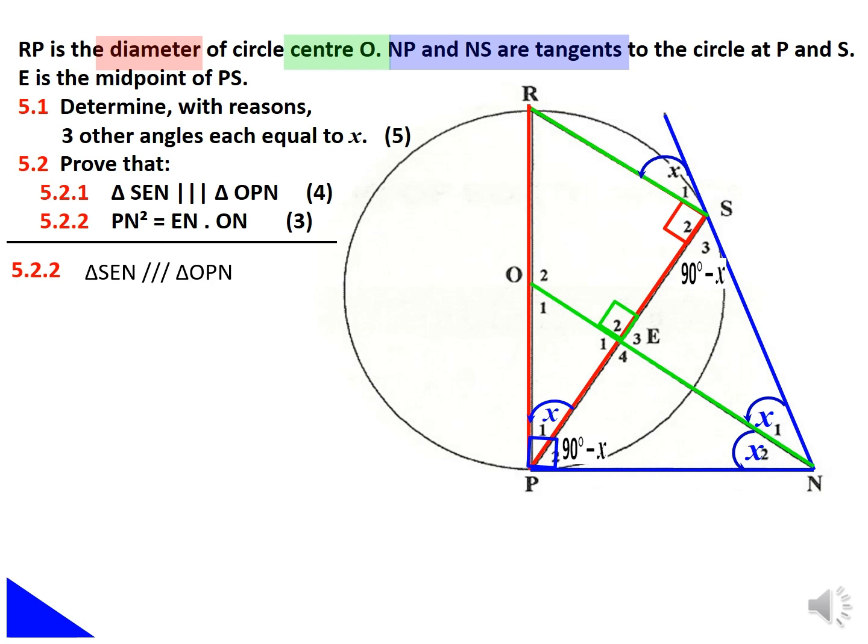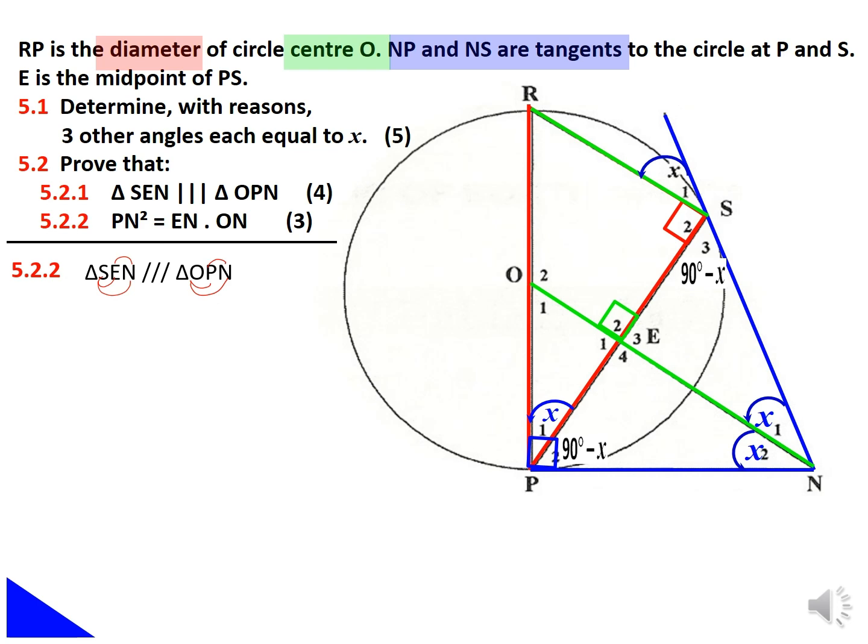If two triangles are similar to each other, it follows that the sides of the triangles are in the same proportion. So if I divide SE by OP, then EN by PN, and SN by ON, the fractions must be exactly the same. That is the concept of similarity.